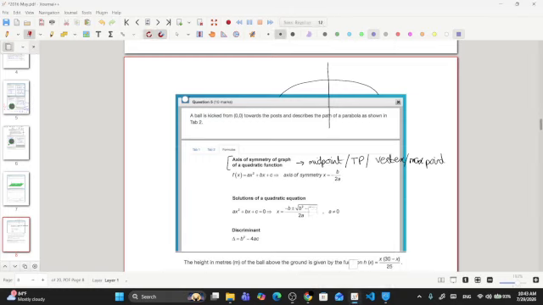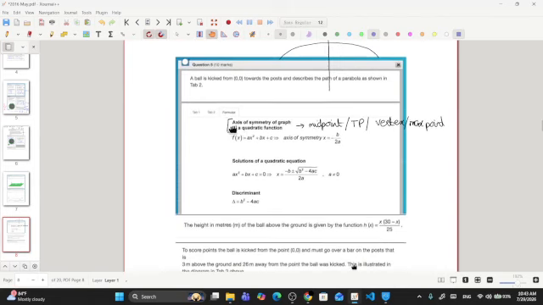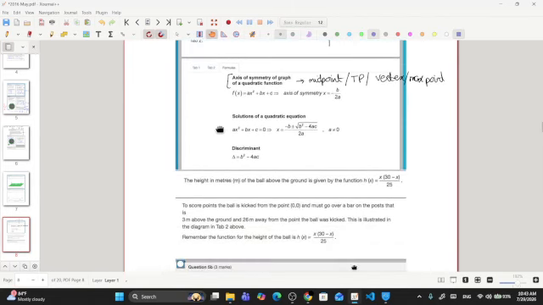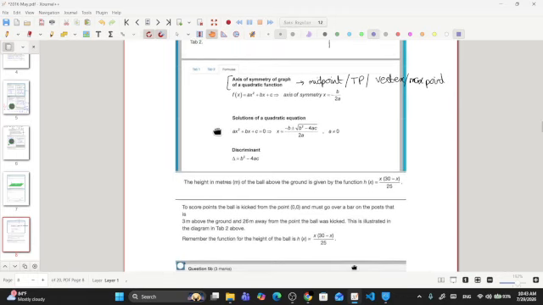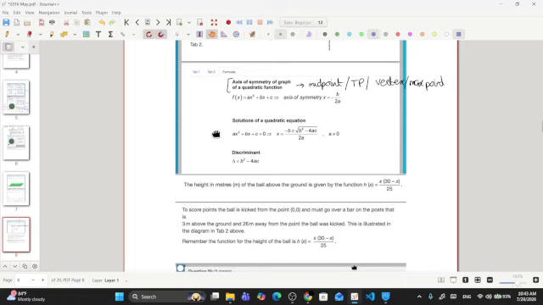So it says the height in meters of the ball above the ground is given by the function h of x equals x into (30 minus x) over 25.